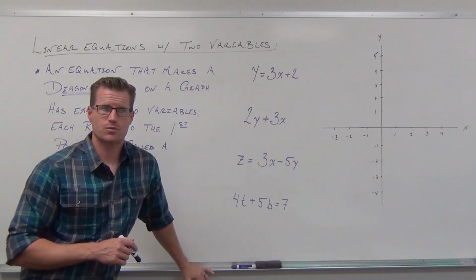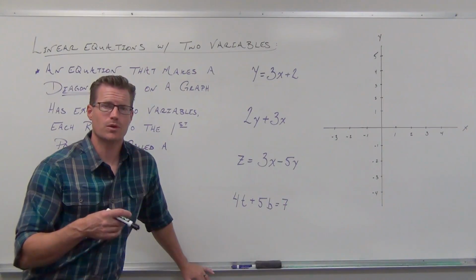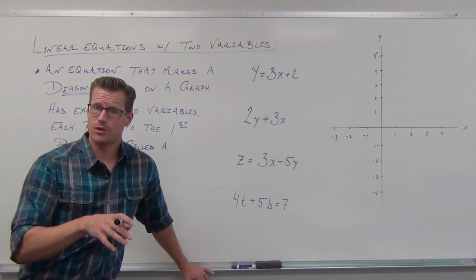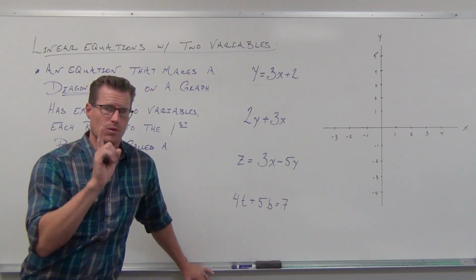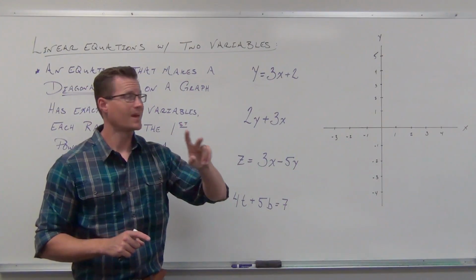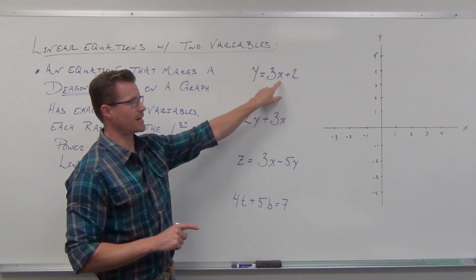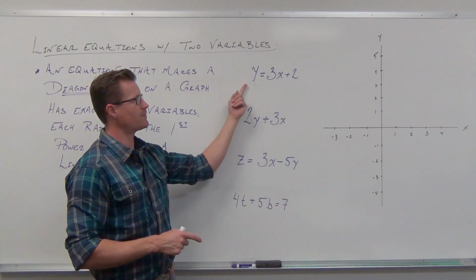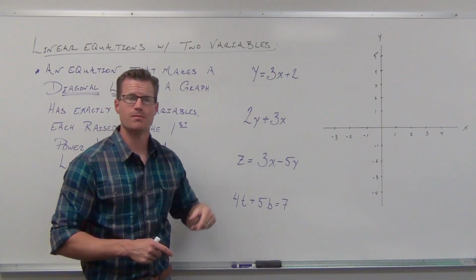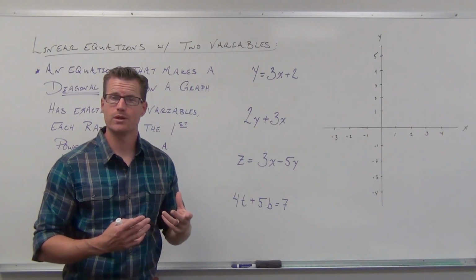Are those variables raised to the first power? Remember, if you see a variable and you don't see any power up there, it's a power 1. Right here, that's a linear equation with two variables. This is an equation. It's got an x variable, it's got a y variable, and they're raised to the first power. This is going to make a diagonal line when we graph it.